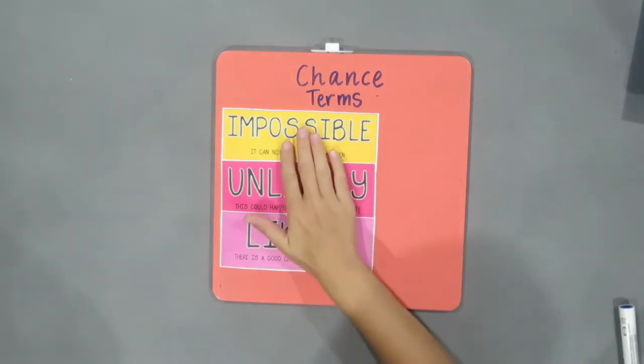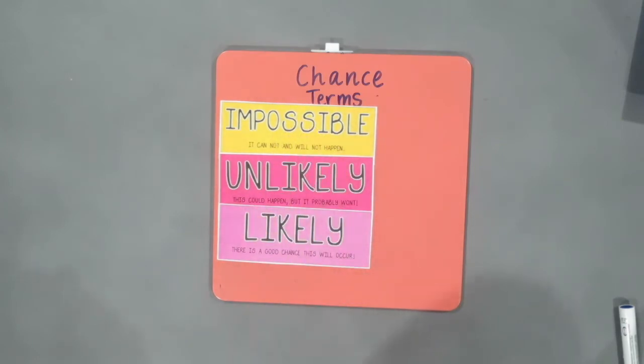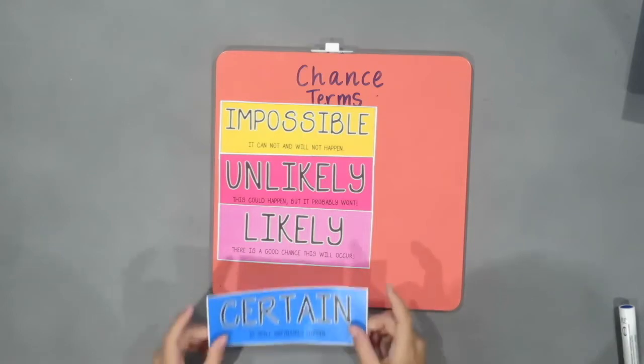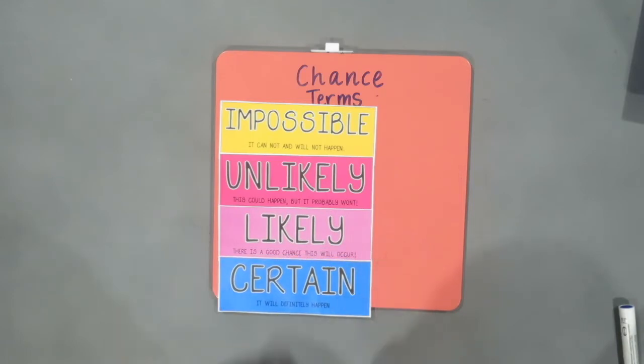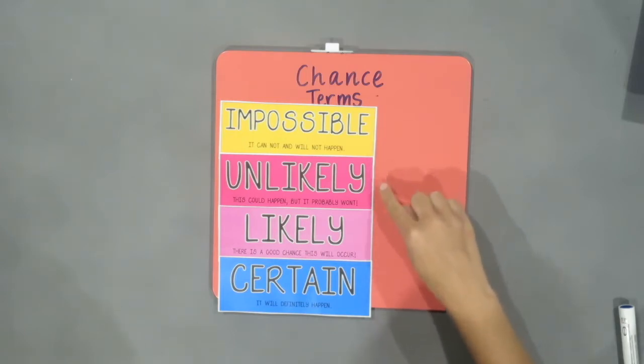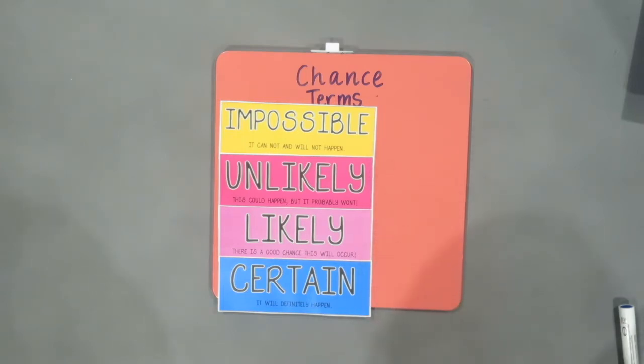So if you're having an event that is likely, it's most likely it's going to happen. And last but not least, you have certain. And certain means it will definitely happen. So you should have 4 words on your whiteboard right now.